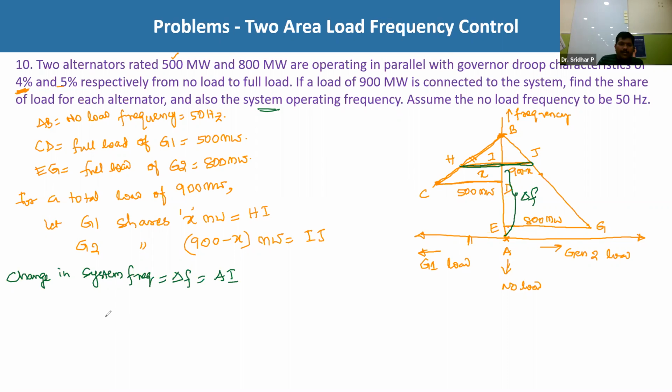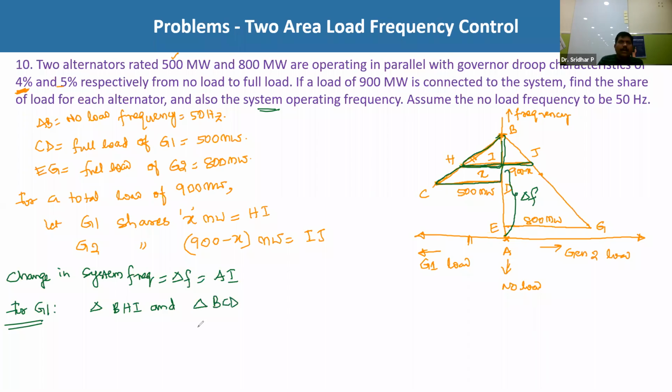Okay. Now I am taking generator 1, or alternator 1. There are two triangles: triangle BHI and triangle BCD.